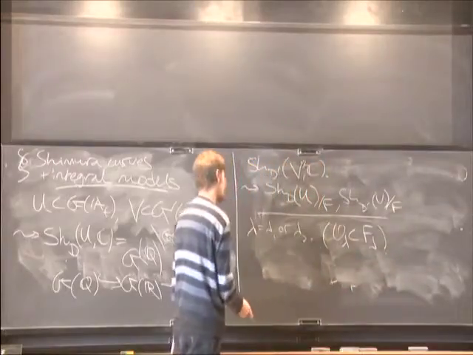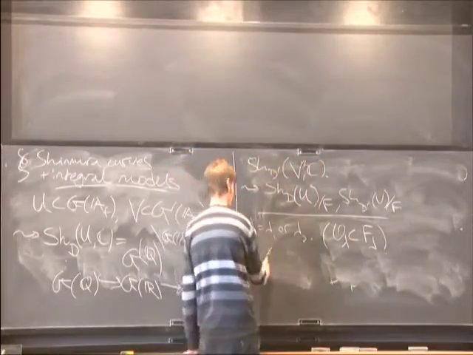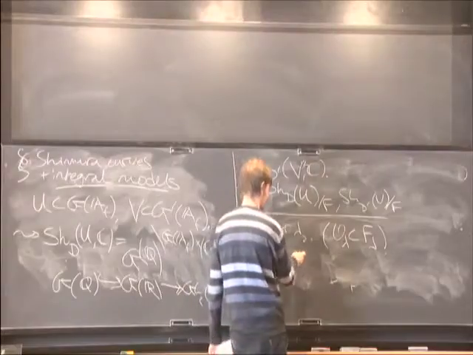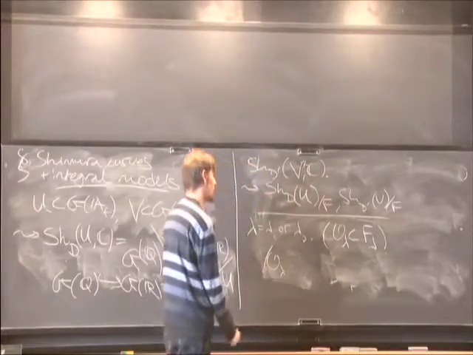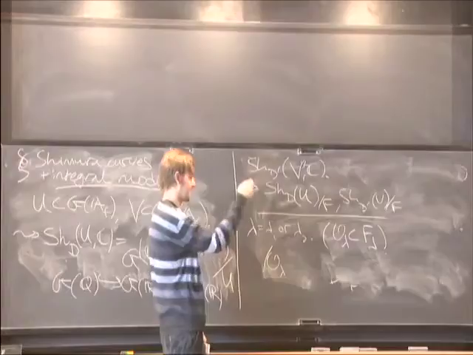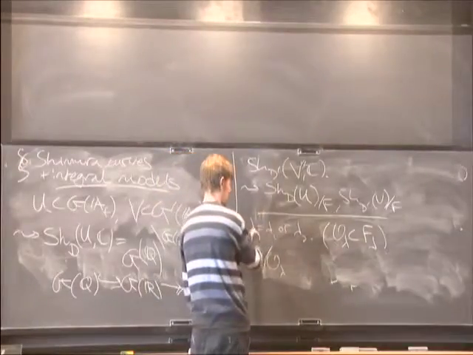And we're going to be interested in integral models of these Shimura curves over O_lambda for certain particular level subgroups U and V, or at least level subgroups U and V which have particular type at the factor lambda.